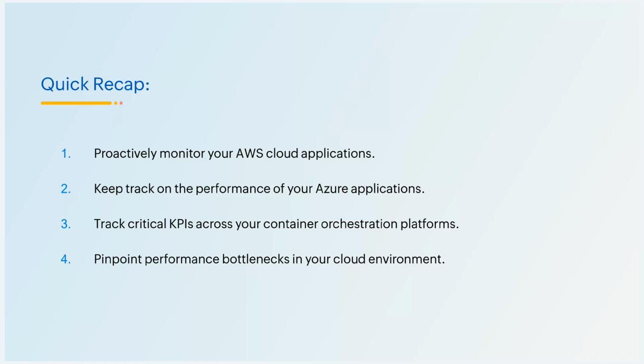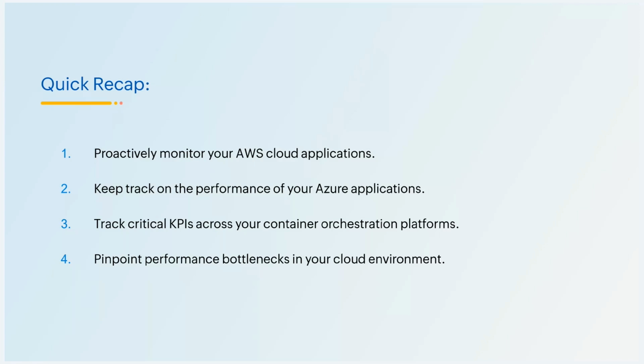And we discussed how to track critical KPIs for container orchestration. Whether using Kubernetes or any other platforms, monitoring KPIs helps us identify any issues early. And finally, we discussed pinpointing performance bottlenecks within your cloud environment.